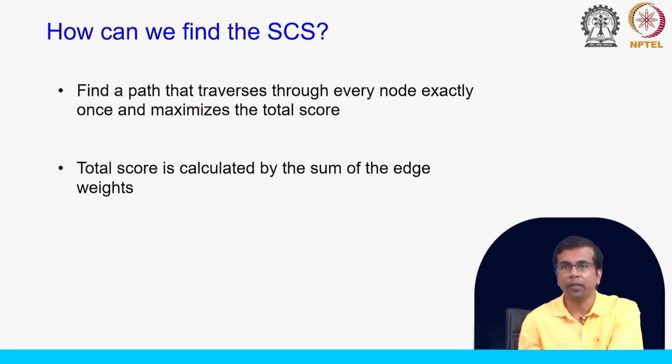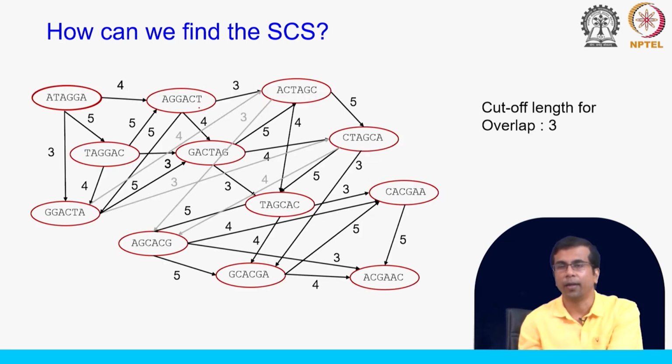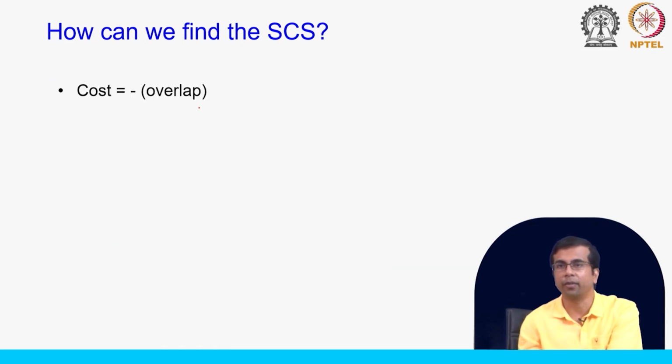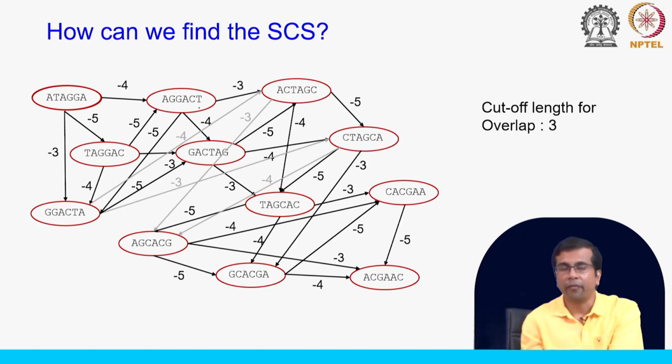Okay, so what we will do, we will transform this score into something else, right. So, we can think about something called cost instead of these edge weights, or scores, and we can define cost as minus of overlap, right, just change the sign. Okay, we are not doing anything, just changing the sign. Okay, and the graph will look the same.